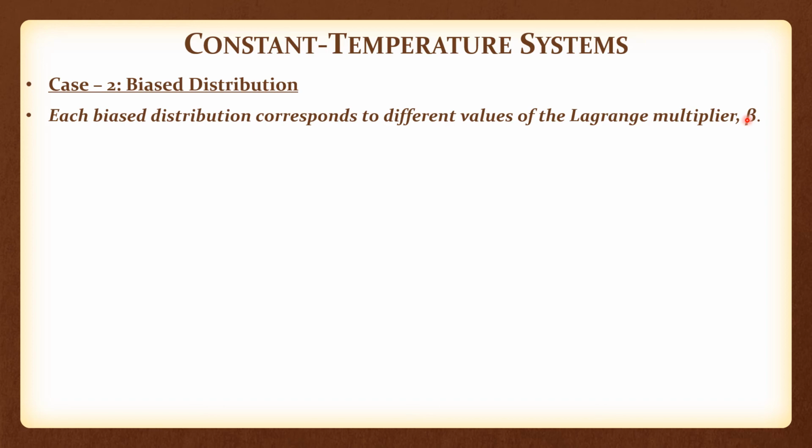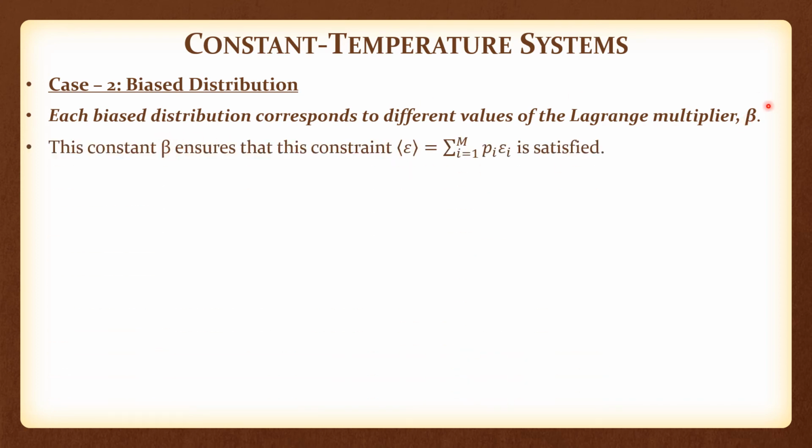For each type of biased distribution, I will have a separate unique Lagrange multiplier, and I can predict certain types of microstates are more likely, certain types of microstates are less likely. This is important. So I am able to get some information about what kind of states are more likely by maximizing my entropy.